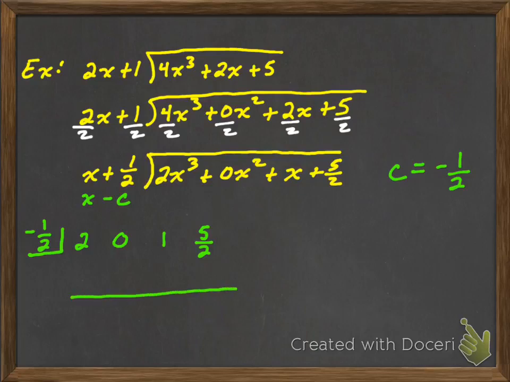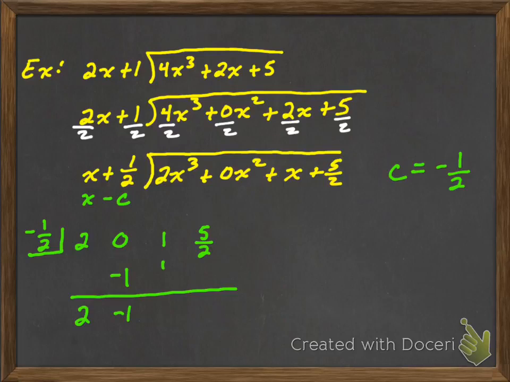Draw our line, bring down the first number of 2. Then we multiply negative 1/2 times 2 and put that answer under the next number. So that's going to give you a negative 1. Add these two values together, which is negative 1. Now we multiply again, negative 1/2 times negative 1, put that answer here.